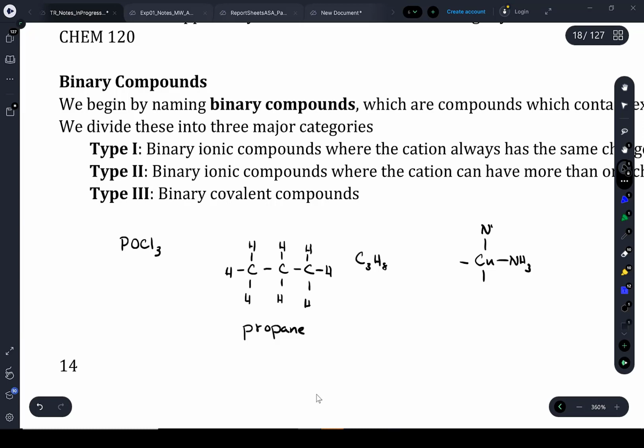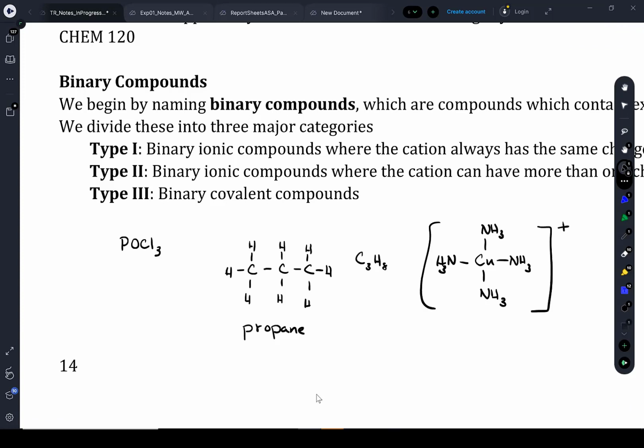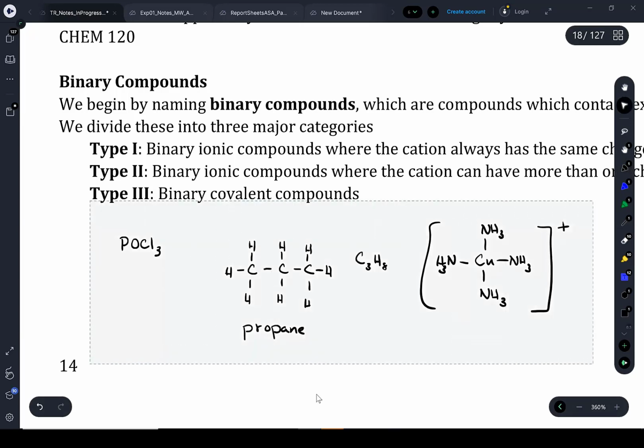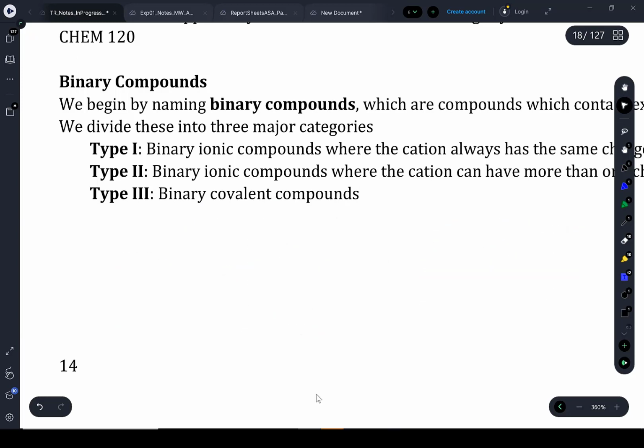This is called a coordination compound. This will have its own set of naming rules as well. Because now we have a metal bonded to ammonias. So those all have their own different systems of naming. I'm going to get rid of them because I don't want to distract you.